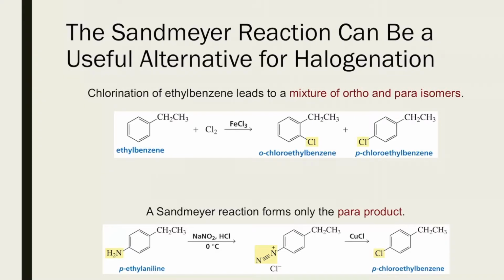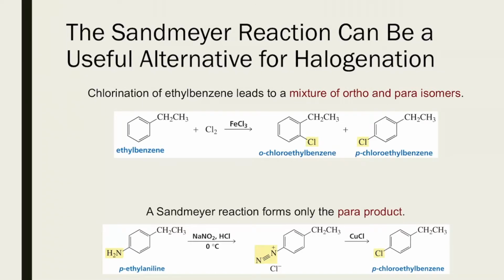What is the advantage of the Sandmeyer reaction? Let's say that we want to prepare para-chloroethylbenzene. If you want to chlorinate ethylbenzene under the normal electrophilic aromatic substitution reaction, basically halogenation, we know that an ethyl group, which is an alkyl group, is an ortho and para director. So you will get a mixture of both ortho and para products.